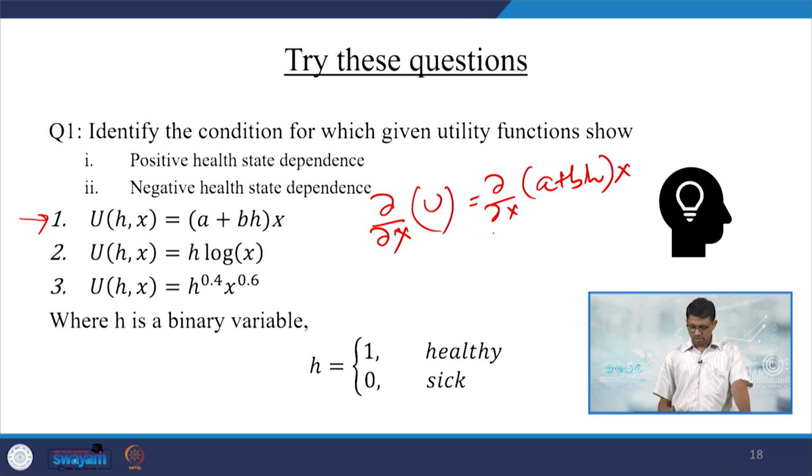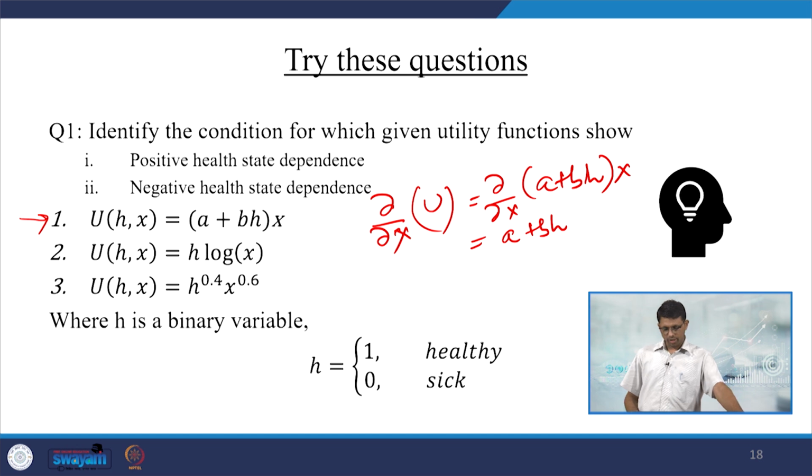When you take the first order derivative of this, the result will be a plus bh. You can cross check with your 12th level derivative functions. Then this is the first change we have obtained. Now the crux is here: you are supposed to take the health state, not just the consumption.